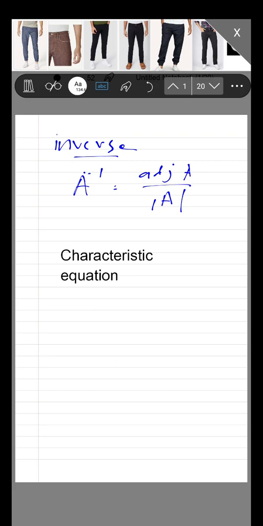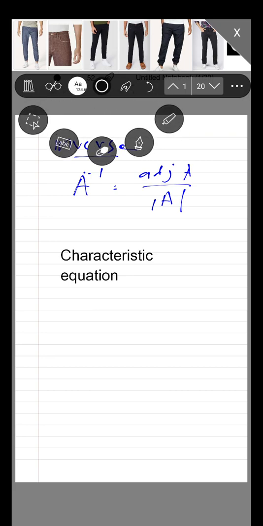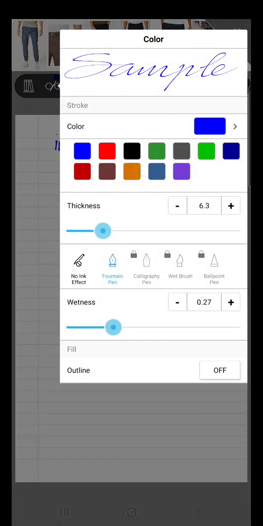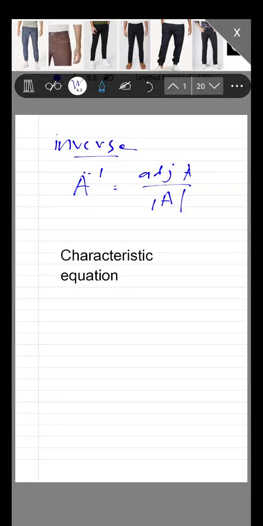You can have a matrix equation in the following form: AX is equal to lambda into X, where X is a vector.